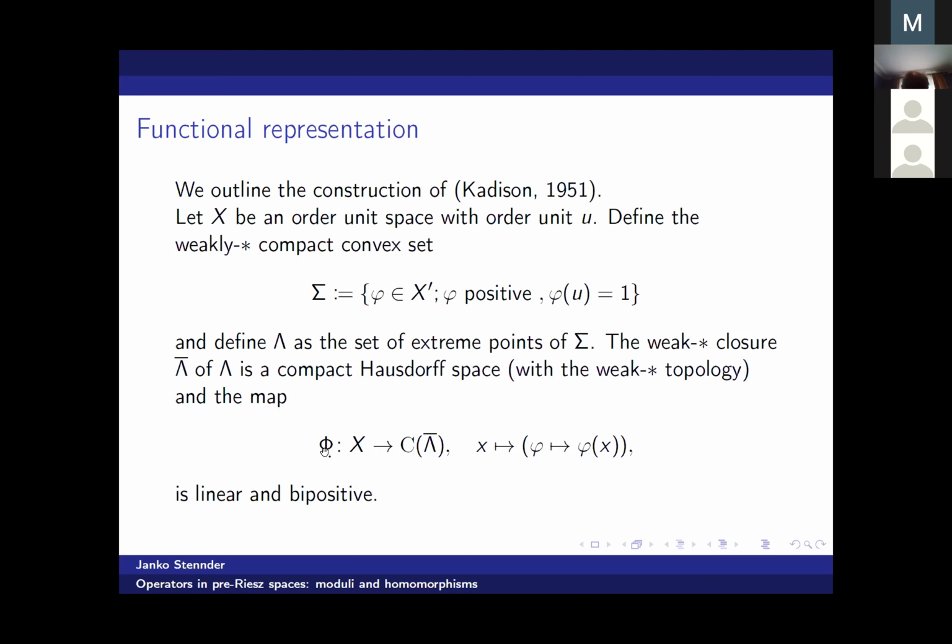And the map phi, which maps the space X into the continuous functions on the closure of Lambda, does nothing else than map an element x to its evaluation at each functional. This map is actually linear and bipositive.